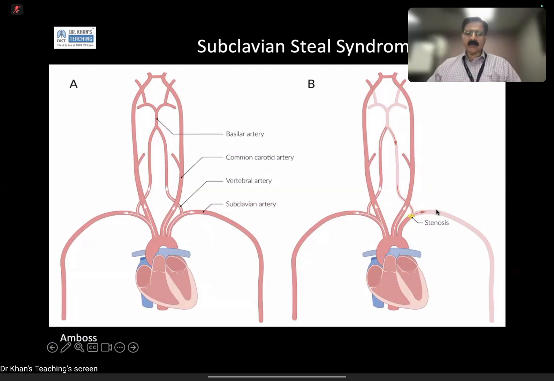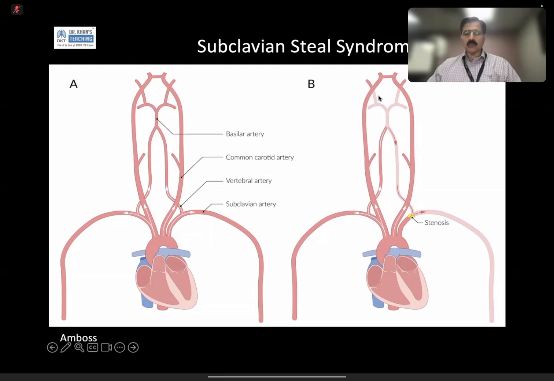And these patients are very interesting because at times the symptoms occur when they are using that arm. For example, even a Tesco worker who is doing some shelving work will present suddenly with dizziness and collapse and things like that.